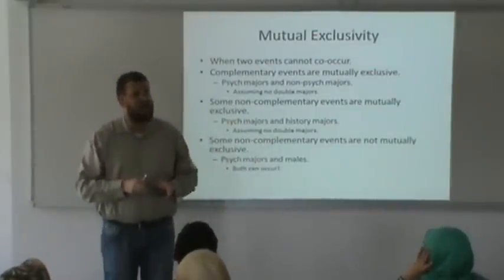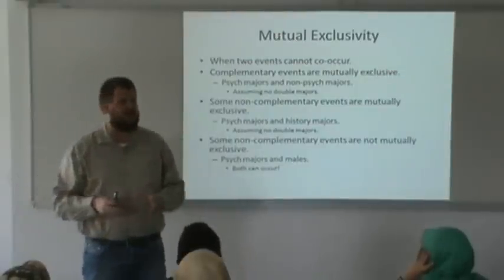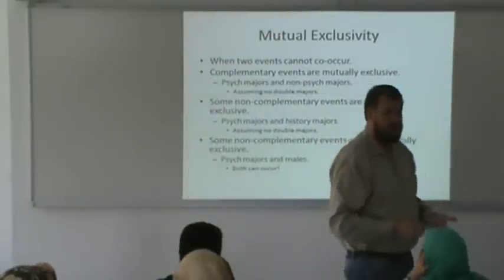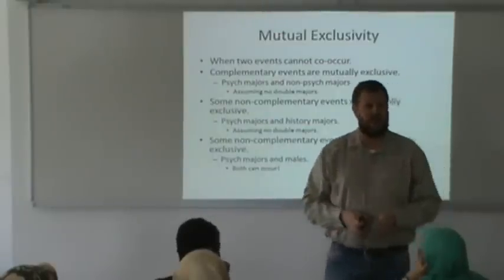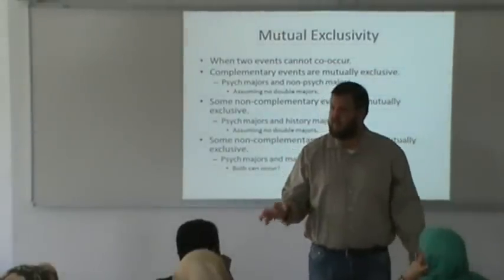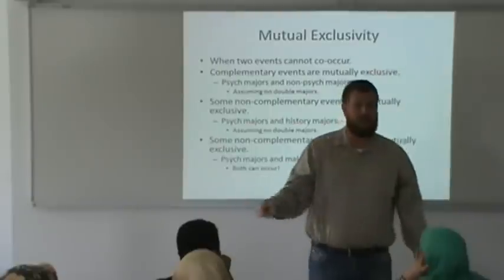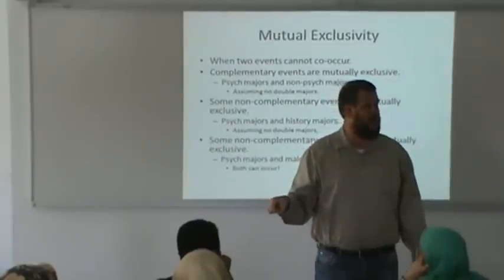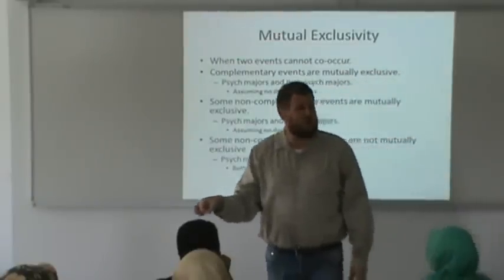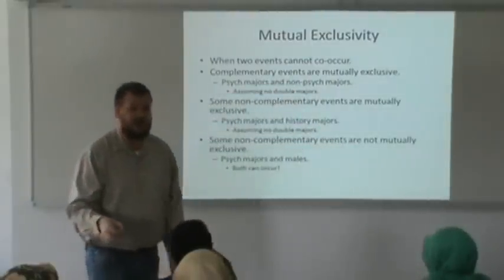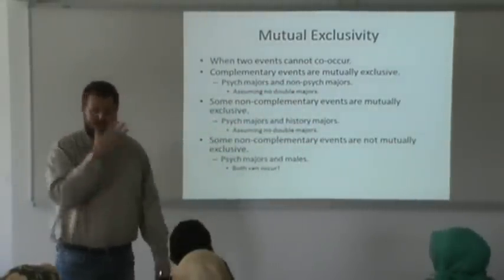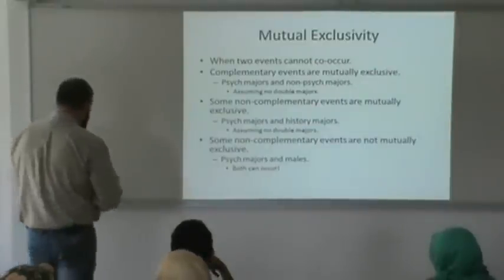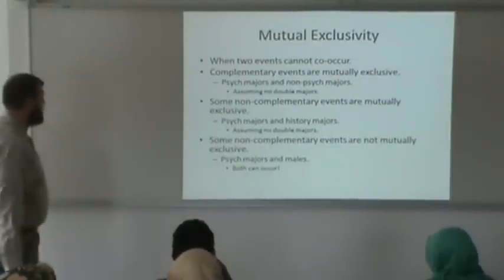We can have psych majors that are female. We can have history majors that are male, right? We can't have a heads and a tails, but we could have a heads of 1 lira. We could have a heads of Bashkarush, right? So we could look not only at whether it's heads or tails, but the value of that thing as well. So some non-complementary events are not mutually exclusive.